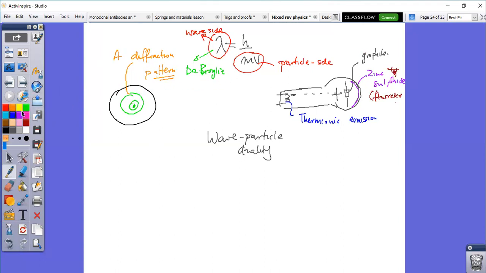So the electrons were accelerated in an electric field. They were behaving as particles at this point. Particle behavior, because only a particle can be accelerated. However, when they hit the screen, they form a diffraction pattern, and at this end, they are displaying wave-like behavior.